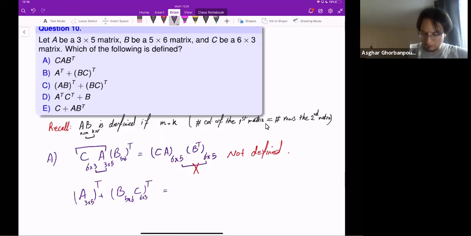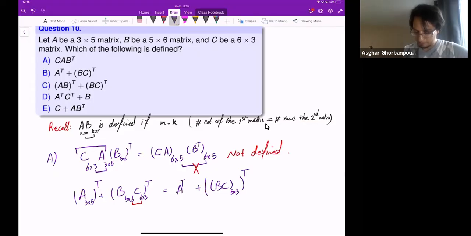So first thing to check is that we can multiply B by C from the left. And then when you multiply, BC is going to be a 5 by 3 matrix. And then at the end, we are going to find the transpose. How about A? When you find the transpose, the number of rows and columns changes. And A transpose has 5 rows and 3 columns.